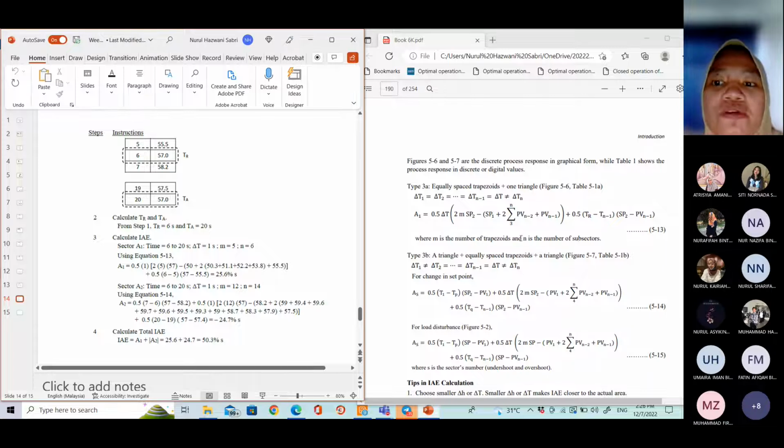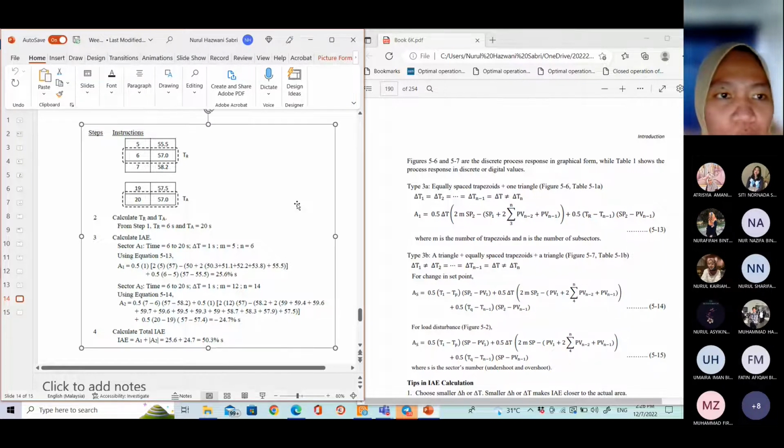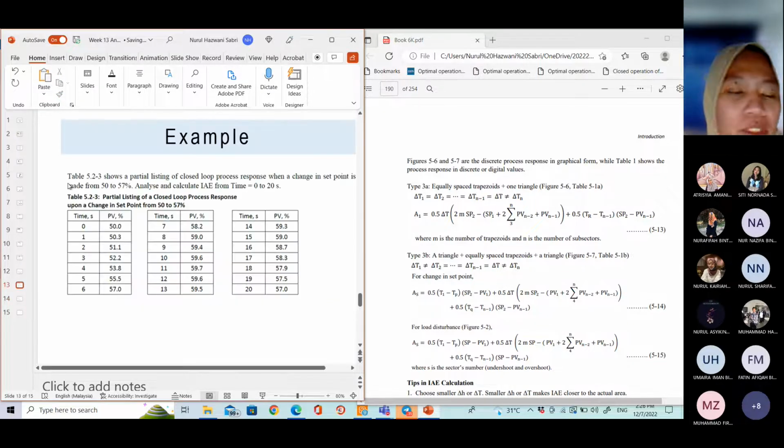Okay, so basically kita refer balik to our table. Macam mana you nak calculate M and N tu? Okay, so kita calculate the subsector first, which is N. You boleh tengok from 0 to 6, how many subsector you can have?